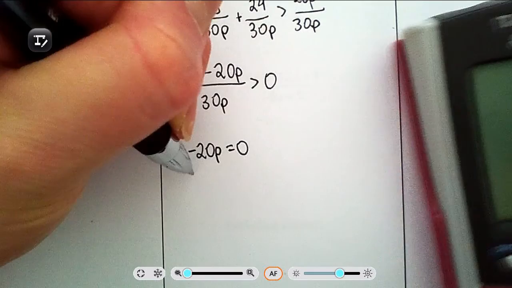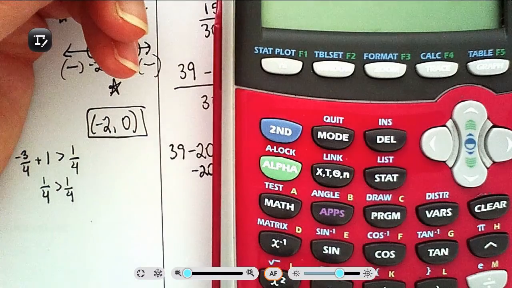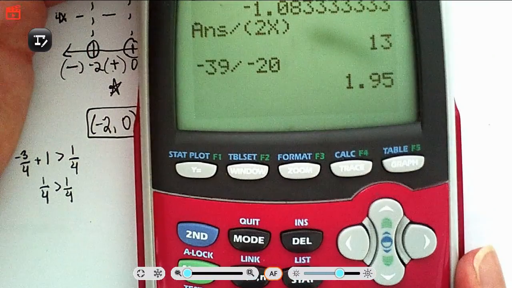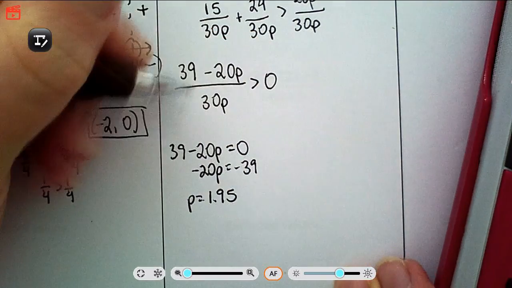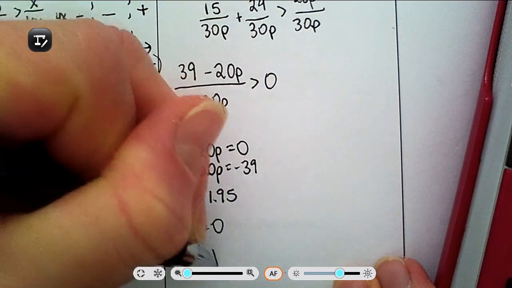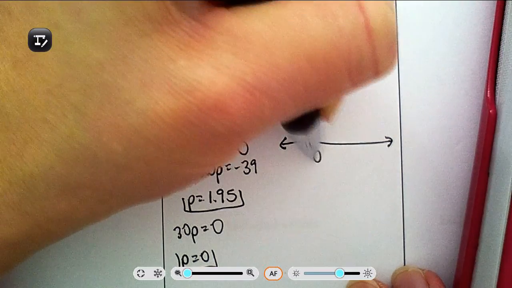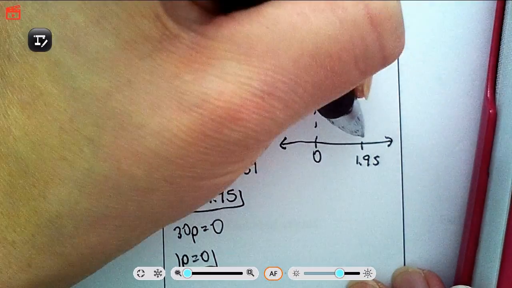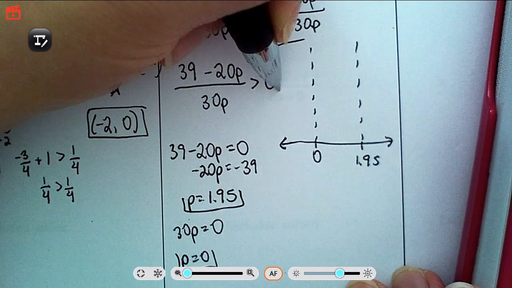Take 39 over and divide by negative 20. And I get 1.95. And take 30p, set it equal to 0, and solve p equals 0. Take these two values, put them on a number line, 0 and 1.95. Make dashed lines working their way up, and take those expressions and put them off to the side here.